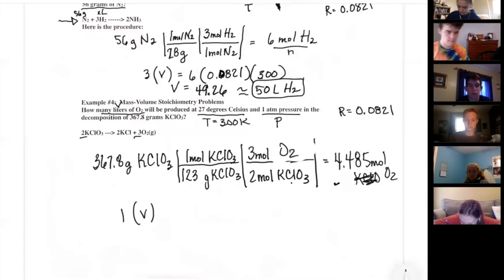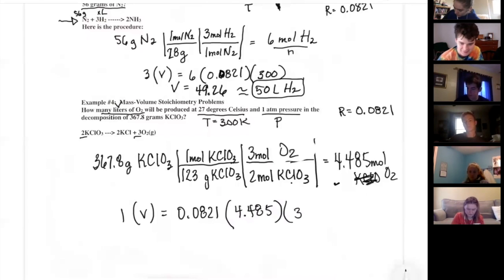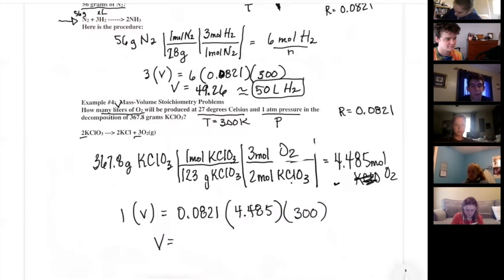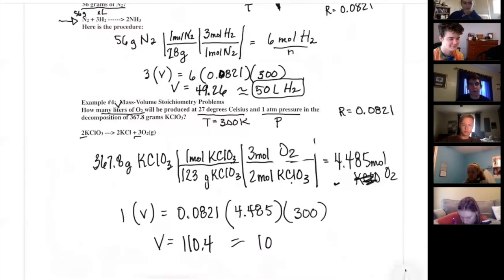1 V equals 0.0821 times 4.485, I'm doing this out of order, sorry. And T 300. I got 110.465, which is 110.5.